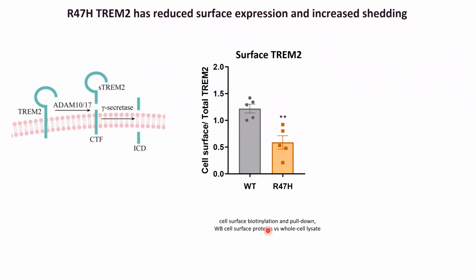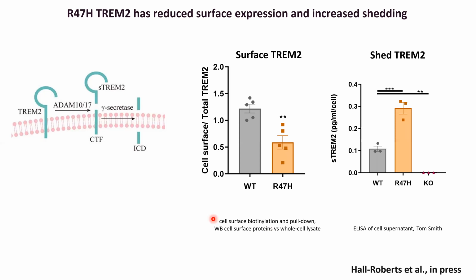We found in our iPS model that R47H expressing cells had less surface TREM2 on them than the wild type cells. And this was by a very sensitive biotinylation and pull down assay, which is rather more sensitive than just looking by FACS or immunocytochemistry.